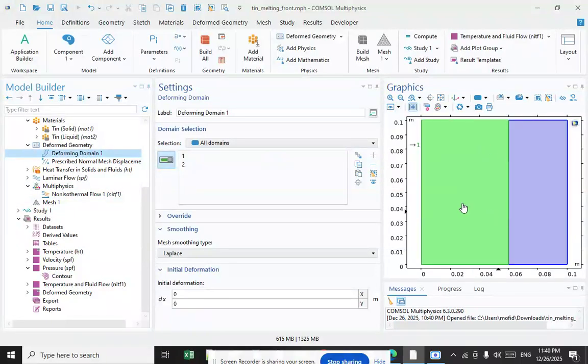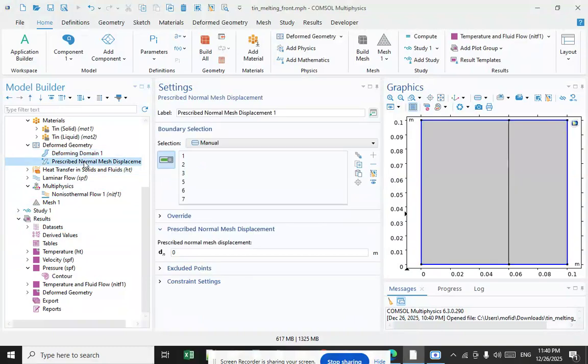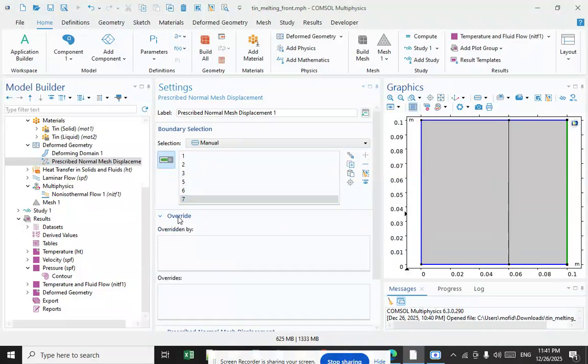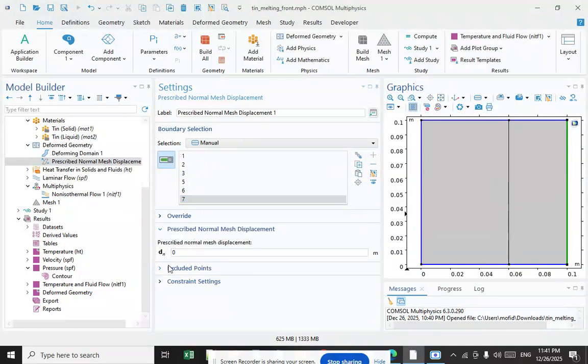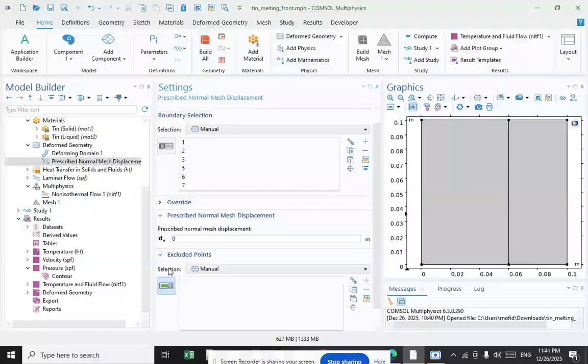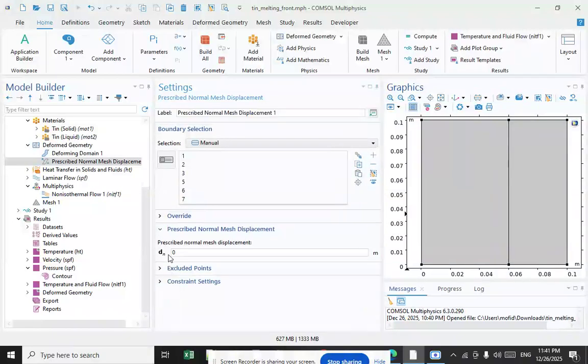There is a square here, and we have separated by a line into two different rectangles, and we use the deforming domain and prescribe a normal mesh displacement. But you can see that we have a prescribed normal mesh displacement by choosing the 0, and everything else is by default.